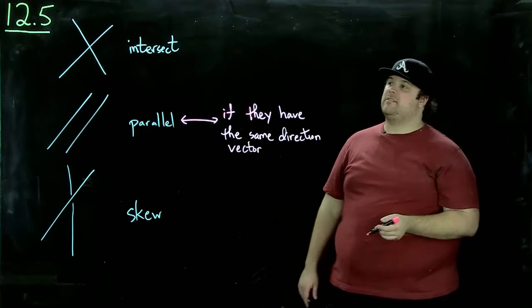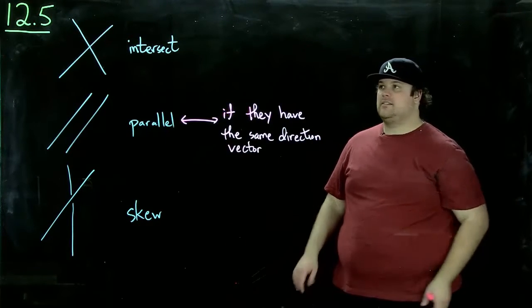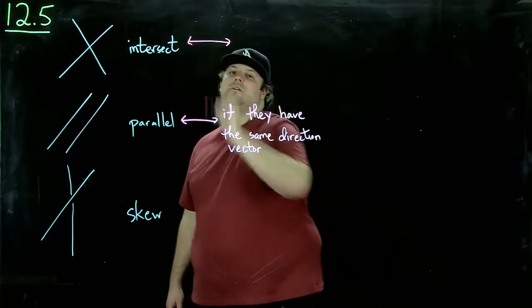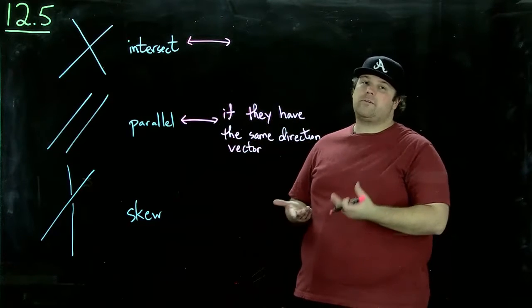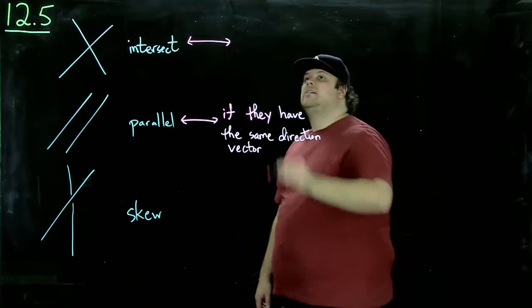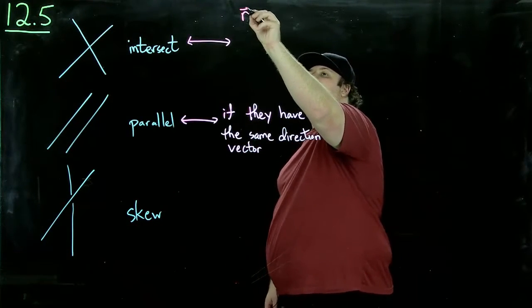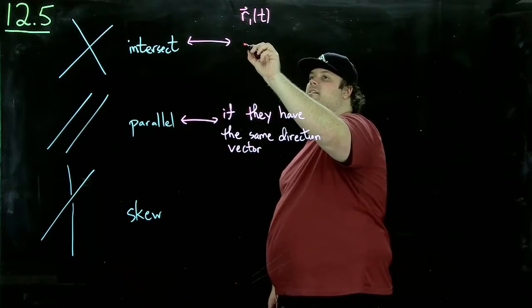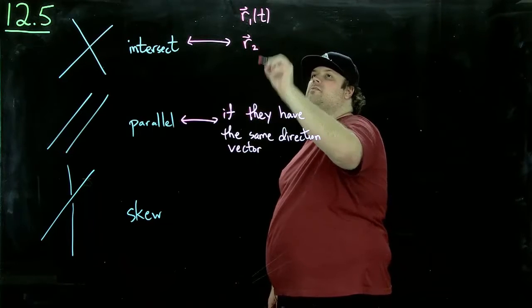How do we check if two lines intersect? Well, if we want to check for intersection, we need a way to write down both lines. So let's say the first line is R1 of t, and the second line is R2.